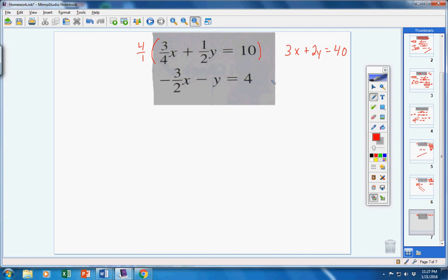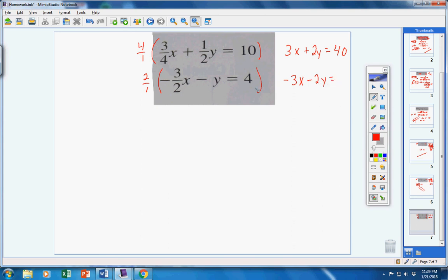Okay? Now down here, let's multiply everything by your denominator, which is 2. Alright? So 2 over 1 times 3 over 2. Your 2's cancel, leaving you with negative 3x. Alright? 2 times negative y would be negative 2y.